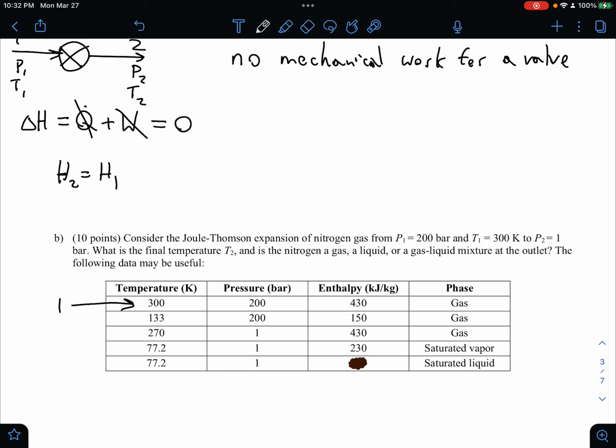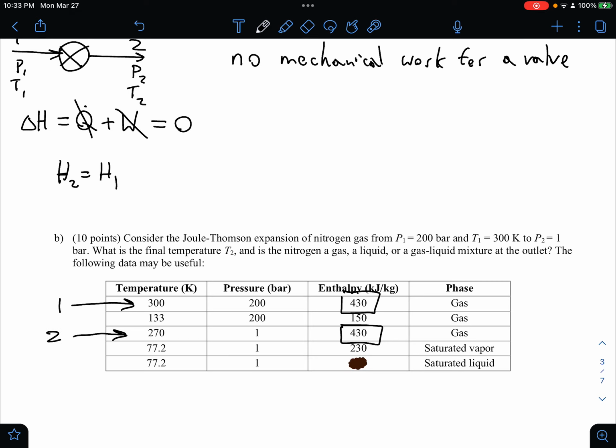And so we know the enthalpy of state 1. Notice that there is only one other enthalpy on this list that matches the enthalpy of state 1. Remember, this is a constant enthalpy process. So we're given the output pressure, which is P2, which is 1 bar. Oh, good. So this is state 2.